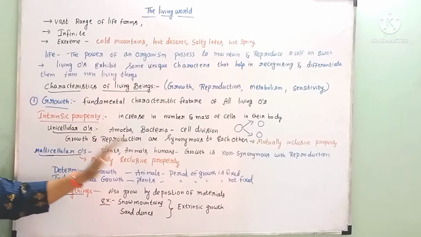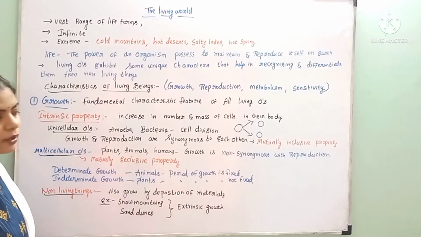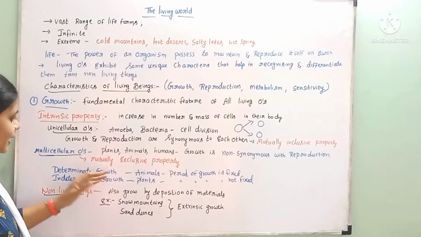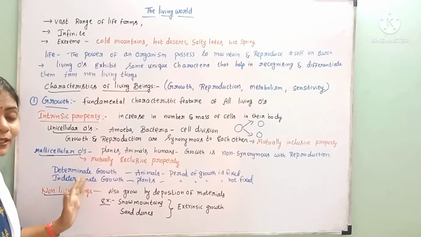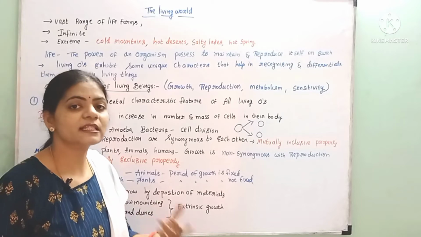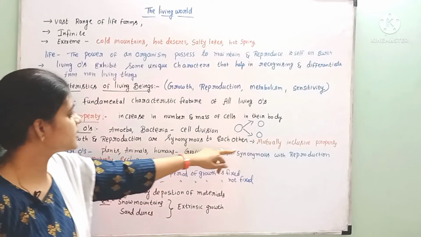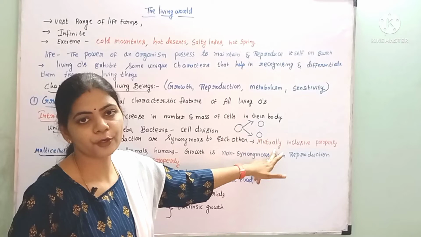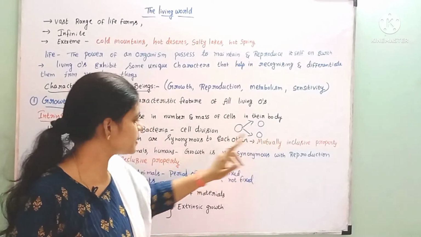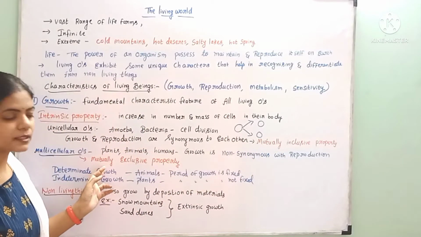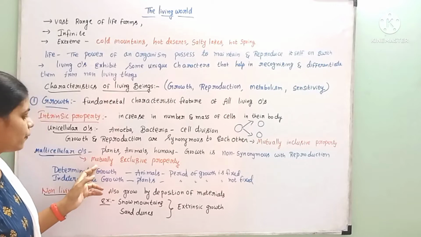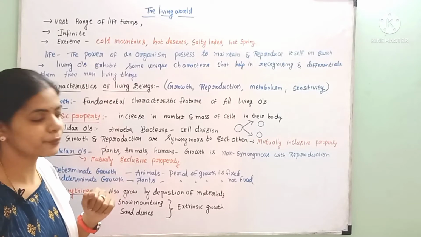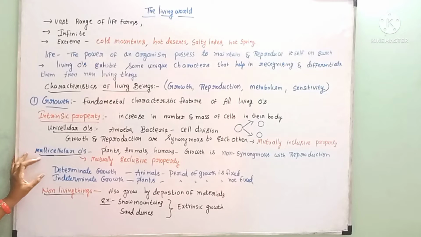That means growth and reproduction are non-synonymous in multicellular organisms. That is called a mutually exclusive property. In unicellular organisms, growth and reproduction are mutually inclusive properties, whereas in multicellular organisms, they are mutually exclusive properties.